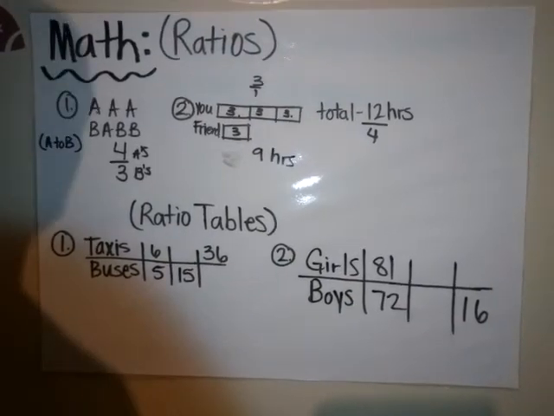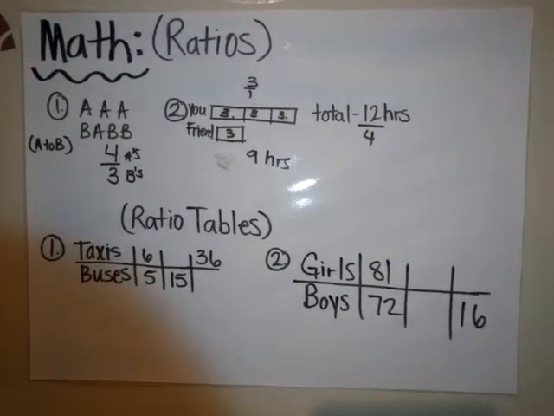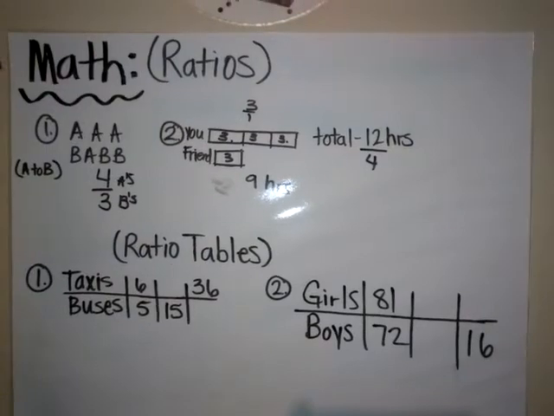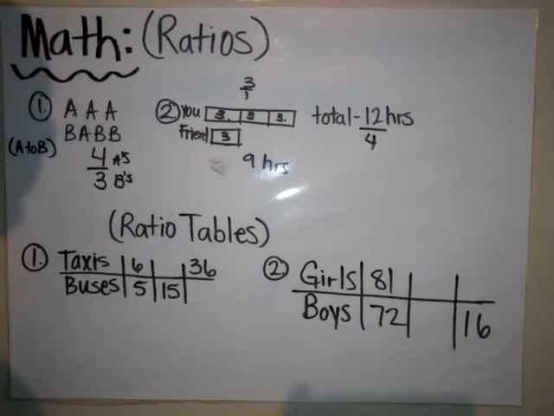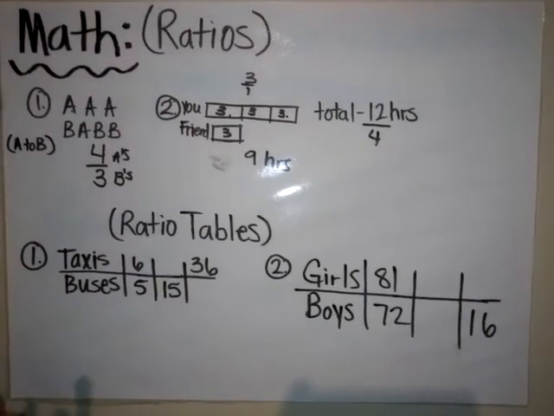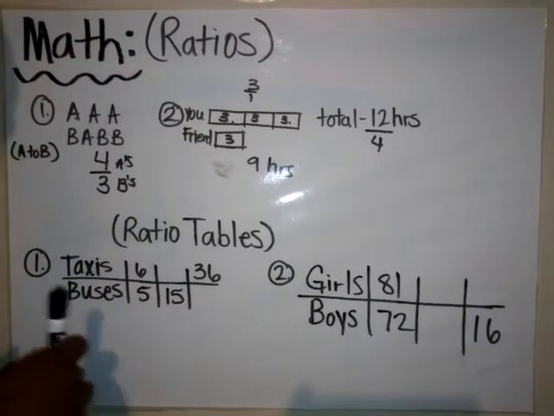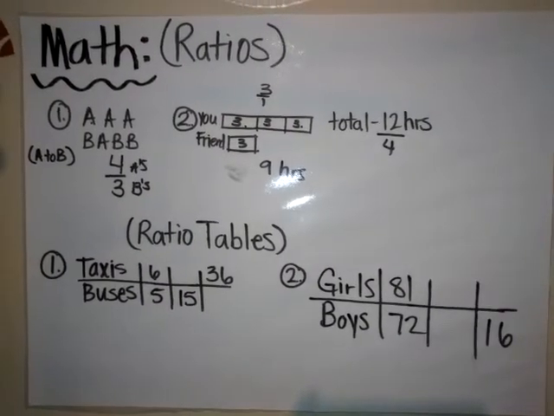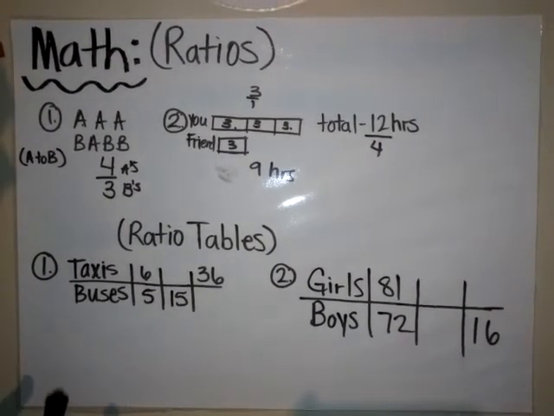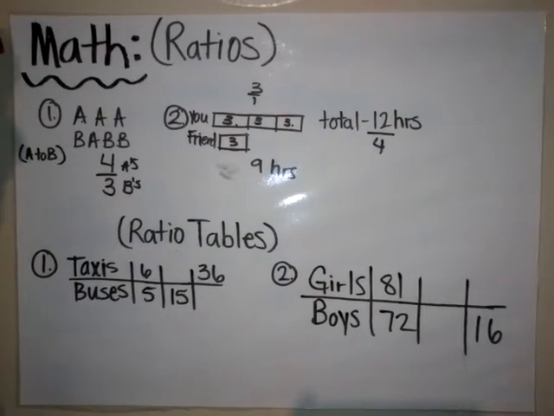The last portion of this is a ratio table. Okay, back to ratio tables. A ratio table is ratios that are being compared within a table. Again, we're looking at ratios as fractions. So just look at fractions that are the same when they are simplified.